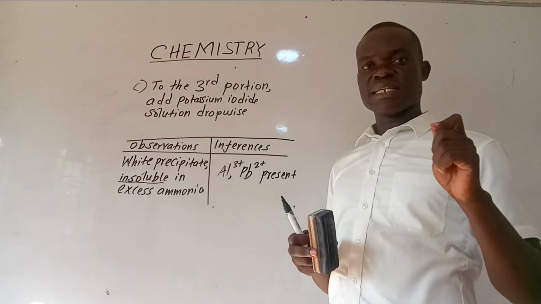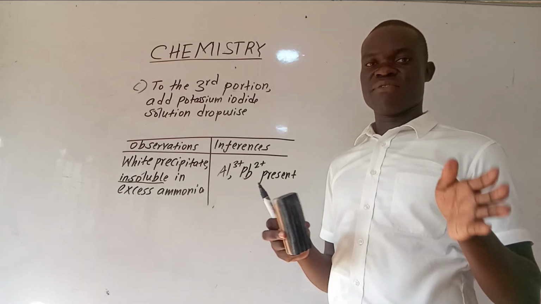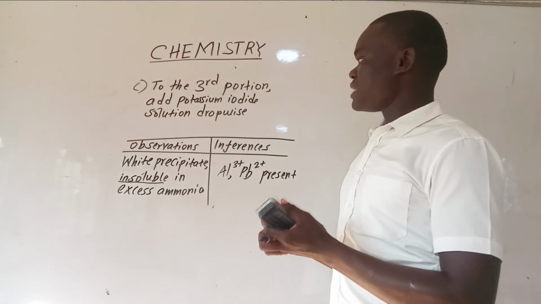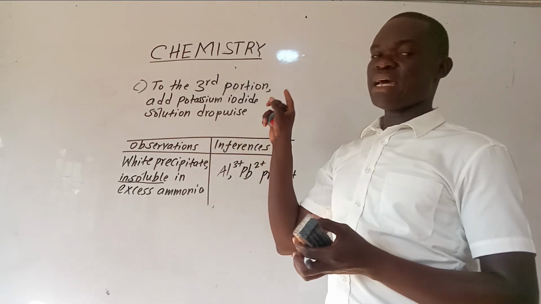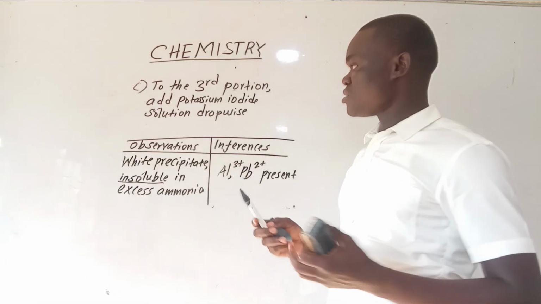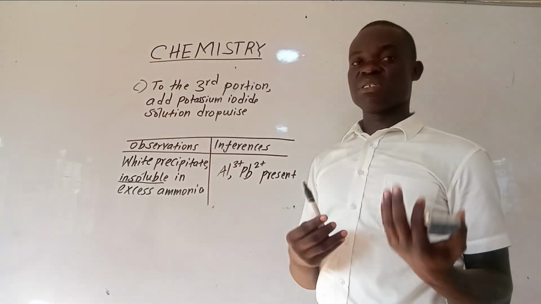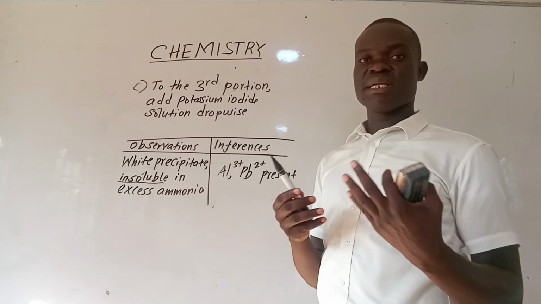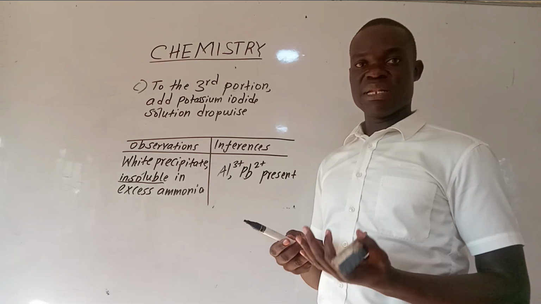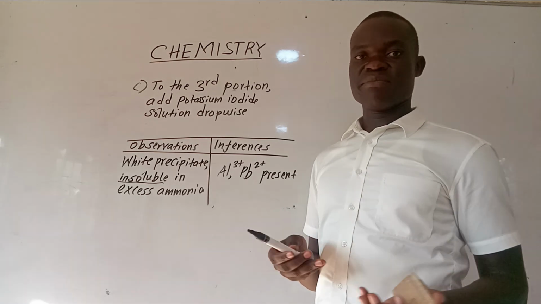If what you know has not happened, you just say it has not happened. For example, potassium iodide, when used as a reagent, we expect a yellow precipitate. So when a yellow precipitate forms, we will just say yellow precipitate formed. When it has not formed, we will just say no yellow precipitate.